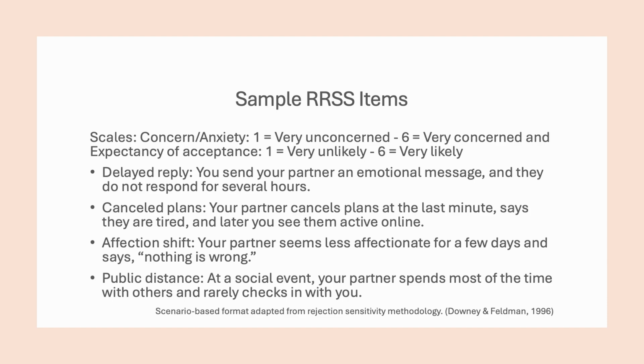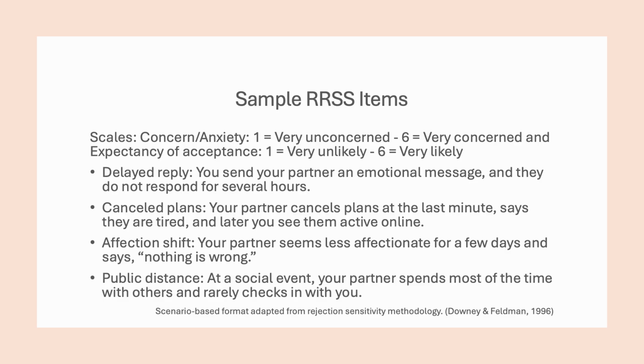Some examples include a delayed reply to an emotional message, canceled plans with the partner later seen active online, an affection shift where the partner says nothing is wrong, and public distance at a social event. Each scenario will be followed by the two response ratings for concern and expectancy.